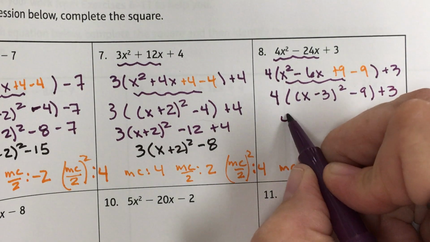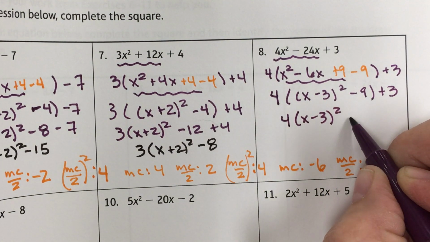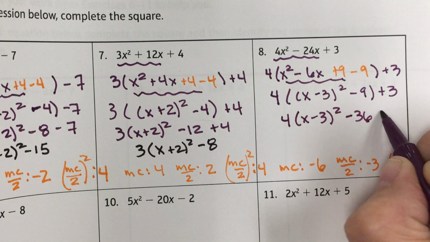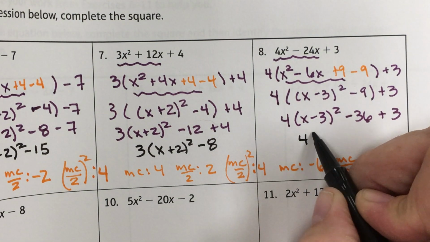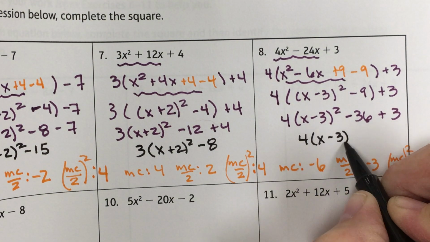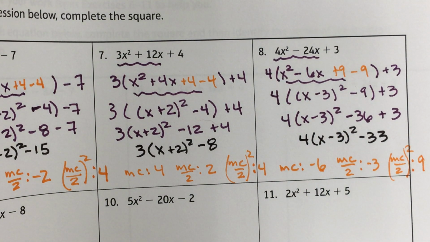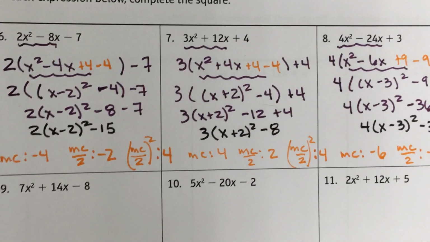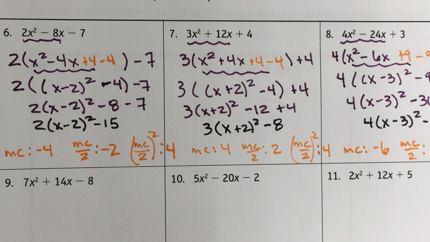I distribute, I get 4, parenthesis x minus 3, all squared, minus 36, plus 3. Then I go ahead and combine like terms, and I've got my answer. Now I want you to do the next 3, 9 through 11, on your own, and then I will put up my answer.